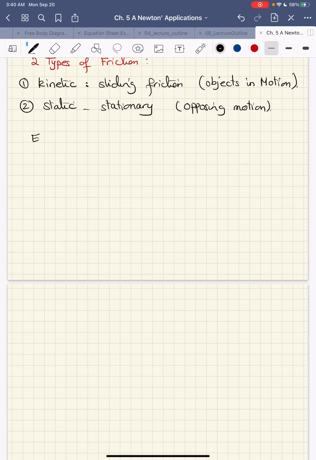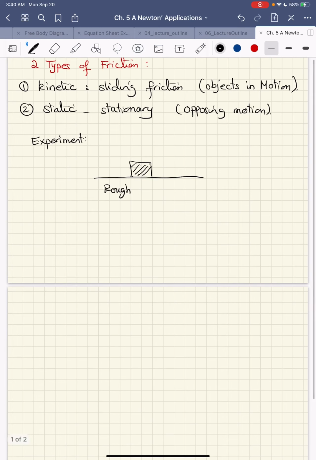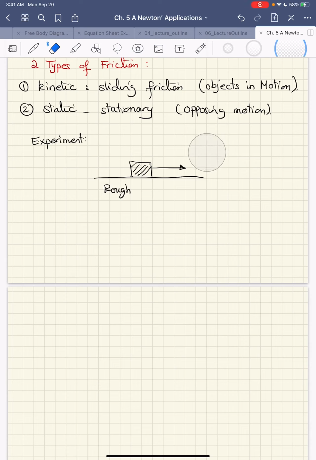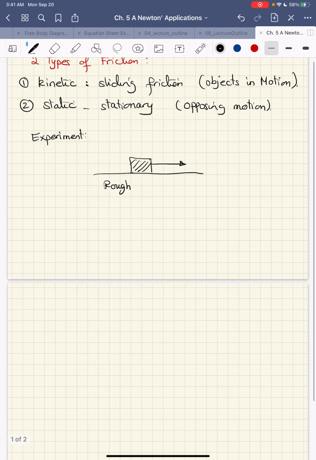Let's say I have an object that is sitting here on the surface that is rough, okay? And I will apply a force. Okay, I will apply a force here, and I'm gonna call this F applied, and I'm gonna form a table here.